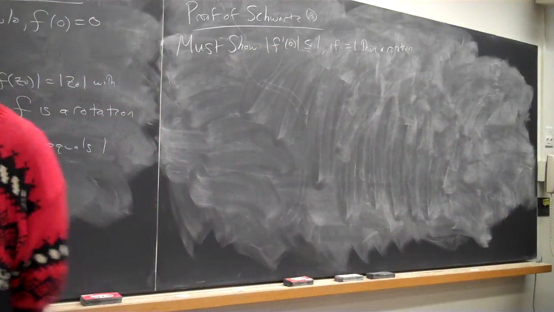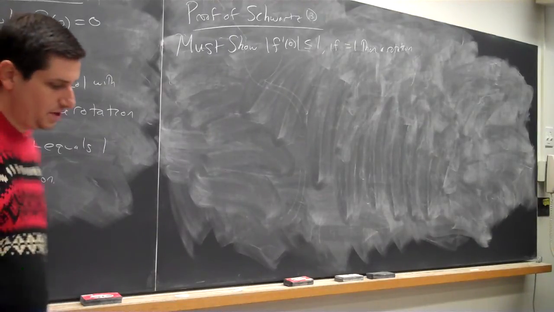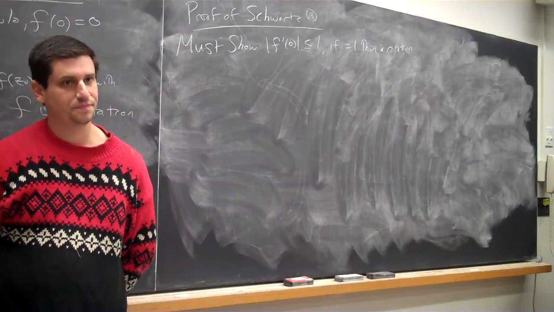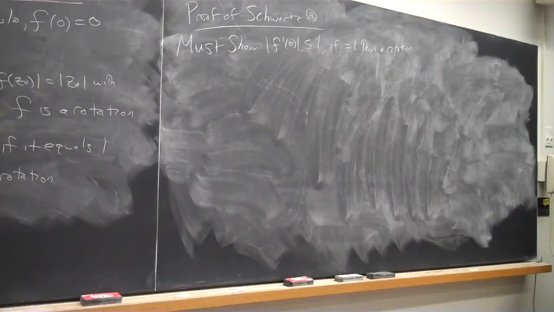You can easily make this an if and only if. If it's a rotation, it's not hard to show that the absolute value is 1. Okay. So, I will give the book's proof first.